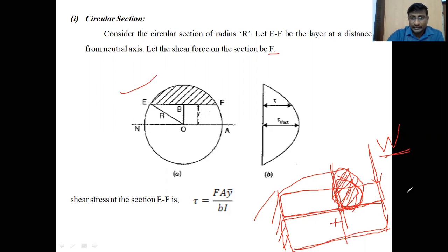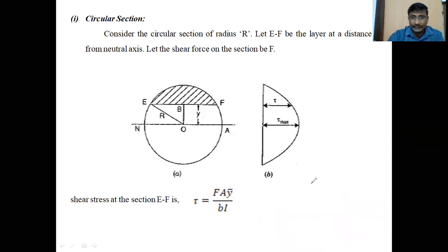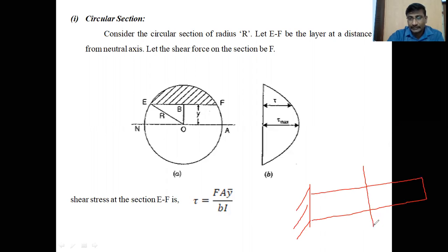In this circle, this is the neutral layer, and the intersection of the neutral layer with the cross section is the neutral axis. Okay, this is the neutral axis.